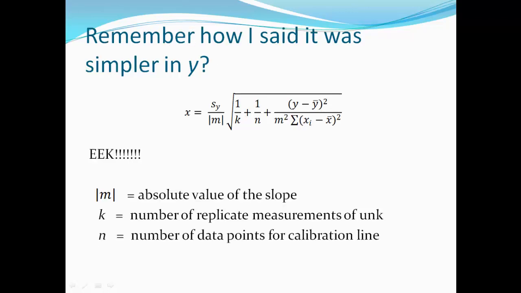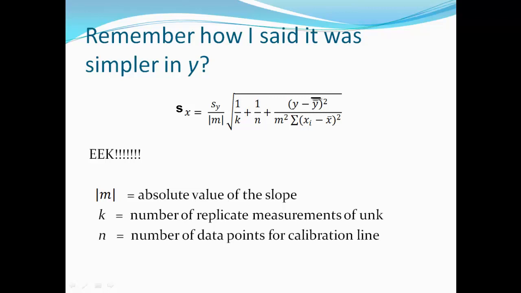This is how you find the uncertainty in x. So really that should say S sub x. I forgot to put the standard deviation symbol there. It is a little simpler in y, I hope you think so, because this to me is a little bit more complicated. This is the equation that you would use to find the standard deviation of a value on the x-axis.